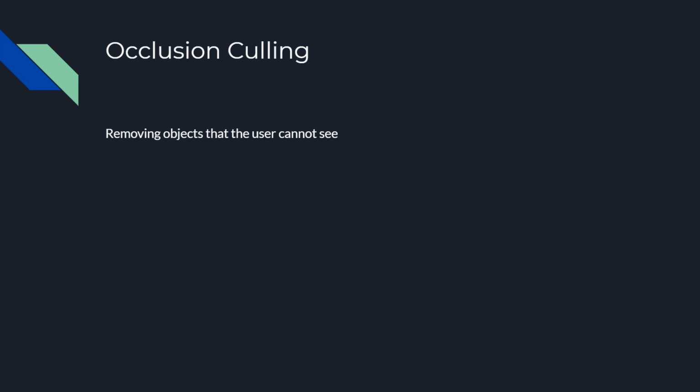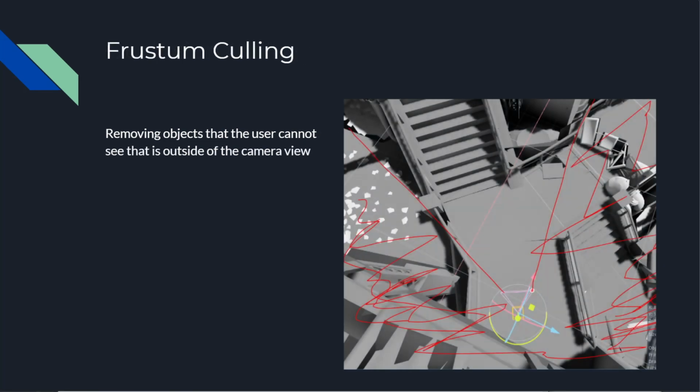The first one is called frustum culling, and that is on at all times. It just runs in the background for you, making your game perform really well. What it does is cull, or remove, any objects that are not in camera view.